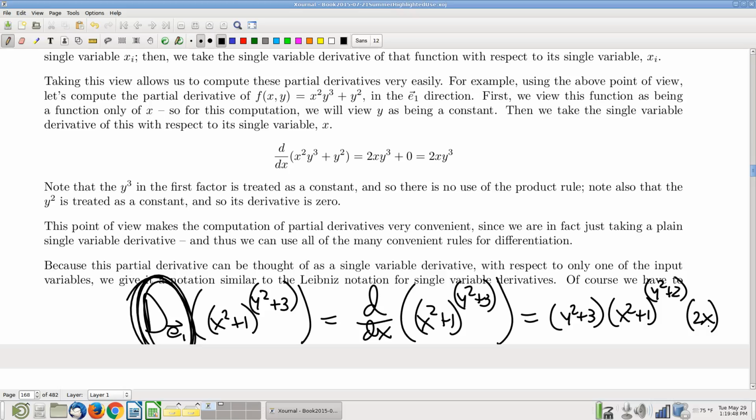Everybody happy? So the way I like to say this, by the way, is that partial derivatives, not only are they easy to compute, I would argue partial derivatives are even easier to compute than Calc 1 regular plain old derivatives. Because when you're looking at a Calc 1 derivative, you've got all this stuff and you have to go through and apply the rules.